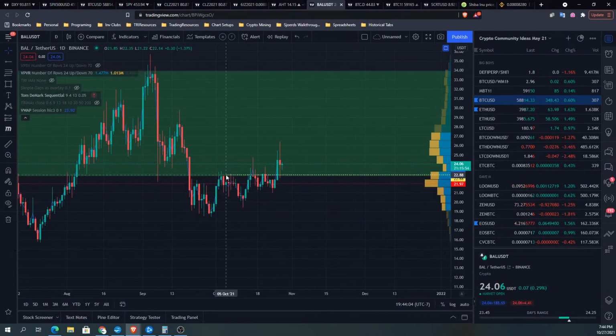Yeah, basically. This candle's low is 23.45, and the double bottom breakout is 23.28. Even now, sitting at 24.06, well, it's only like 50 cents difference.